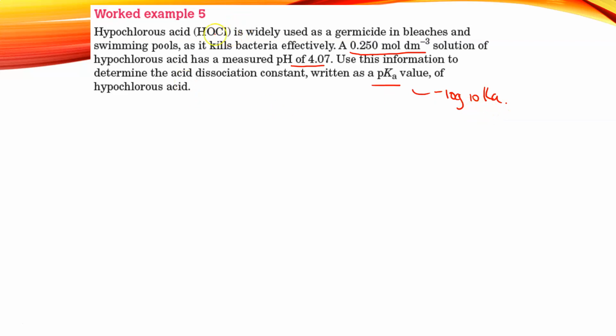dissociation constant. First of all, we need to write the equation for the ionization of hypochlorous acid. It is an acid, so it is going to donate a proton, forming H3O+, and then we will be left with the conjugate base, which is just one less. So now I have my two ions. I have my initial concentration of the HOCl.